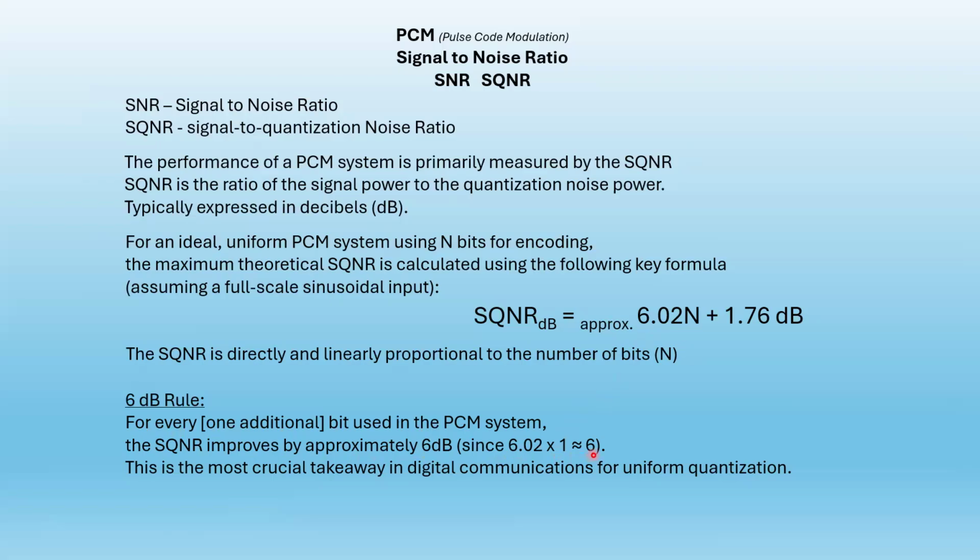Approximately 6. So 6 dB. Which basically, when it comes to voltage, because we're dealing with amplitude voltages, and we have a difference of 6 dBs, we're halving it. You add one more bit to the sampling, you're cutting the noise in half, which means you're getting clearer sound.